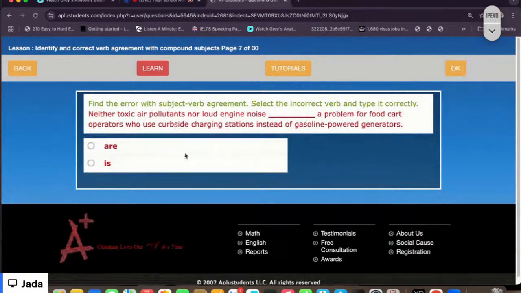So neither toxic air pollutants nor loud engine noise dash a problem for food cart operators who use curbside charging station instead of gasoline powered generators. What do you think is the right one? Are or is?